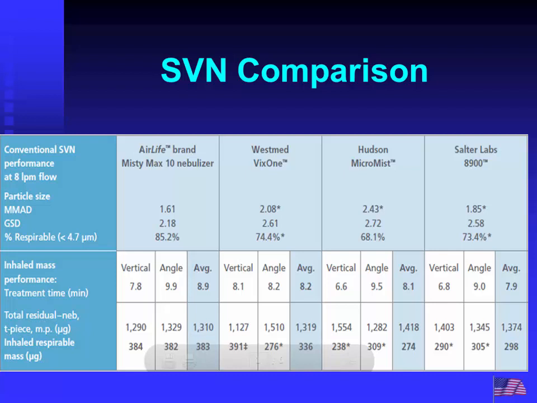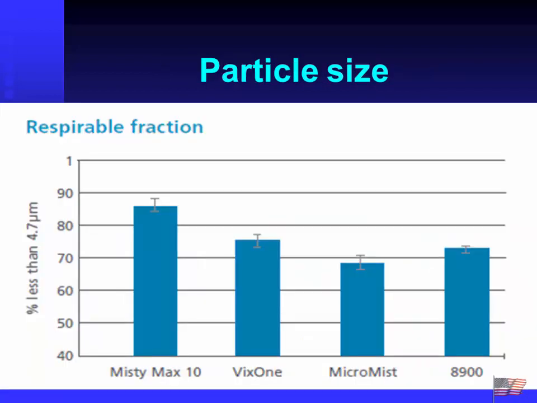And why does that make a difference? Because I may have a patient who has a tracheostomy tube who's lying in bed at a 30-degree angle, and that nebulizer now has to be held in a vertical position, which is going to be really difficult to do. So the bottom line is that there's big variance between nebulizers and within nebulizers.